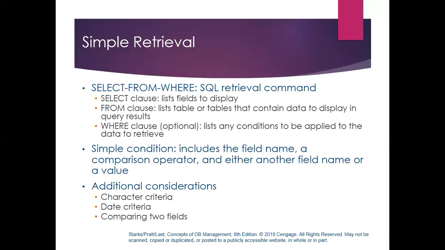The where clause, which is optional, lists any conditions or criteria to be applied to the data to be retrieved. A simple condition includes the field name, a comparison operator, and either another field name or a value. Please see pages 79 to 86 for additional information.